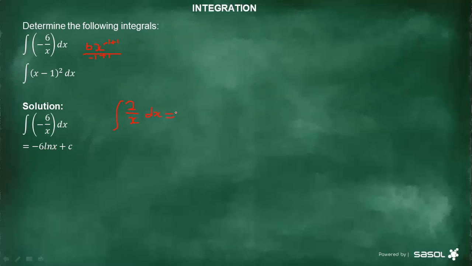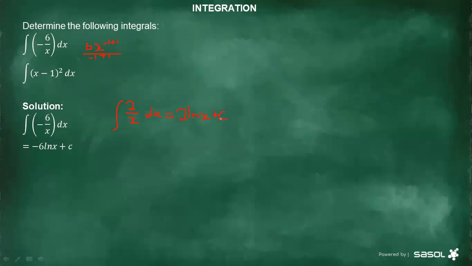What is the answer? The answer is going to be 2 ln x. So that's how you should answer this question.